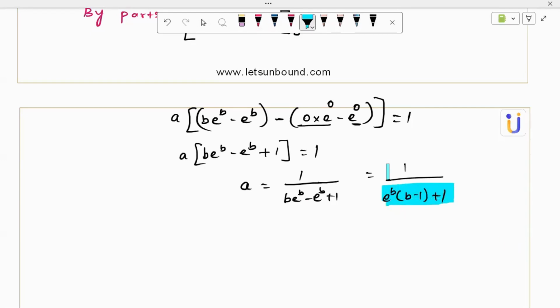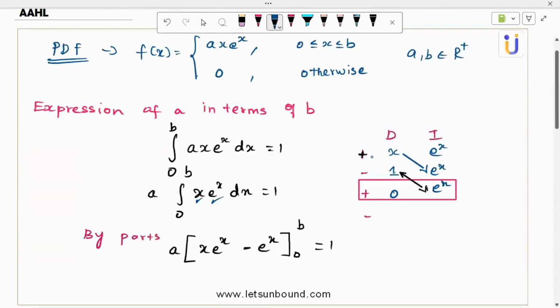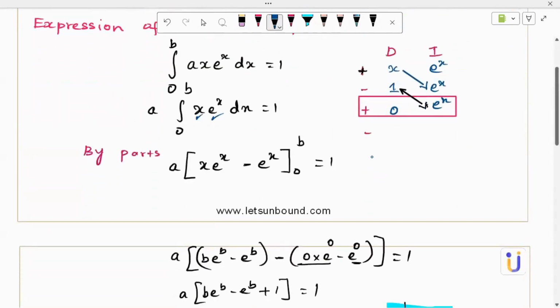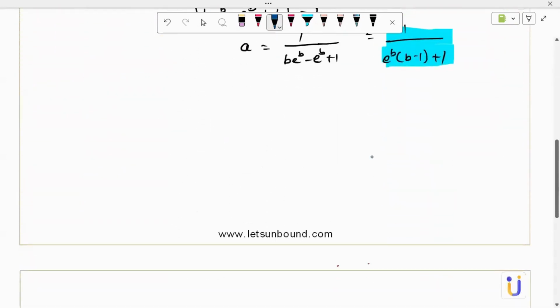That's simple. The first part is only if you know the condition. And the next part, we express this in terms of b. This is the next part, in the case where a and b are both equal to 1. And here we need to find the median of x.